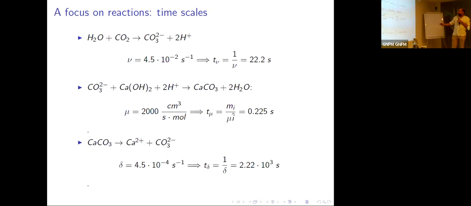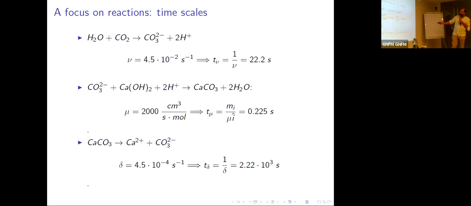The fastest one is this reaction, the reaction producing calcium carbonate. The slower, as we have already said, is the dissolution of calcium carbonate, of several orders of time.